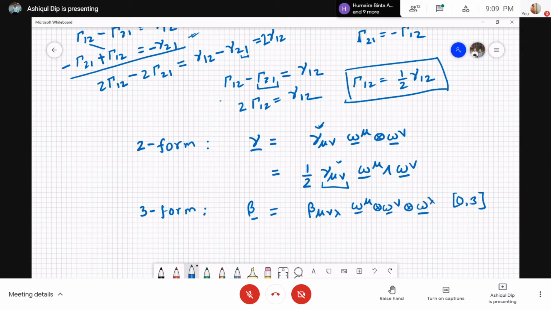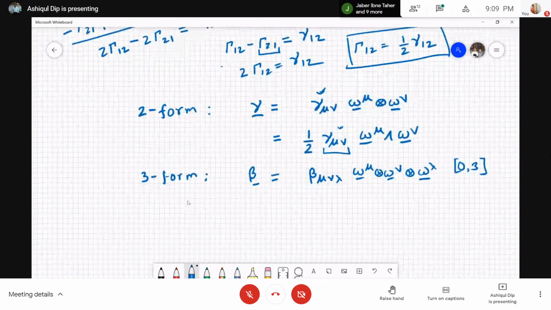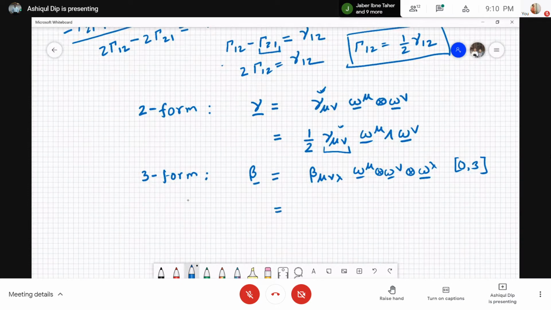It's a 0 3 tensor. Then you want something in front, but you want this: omega mu wedge omega nu wedge omega lambda. Then what happens? What should you write here? Any guess?